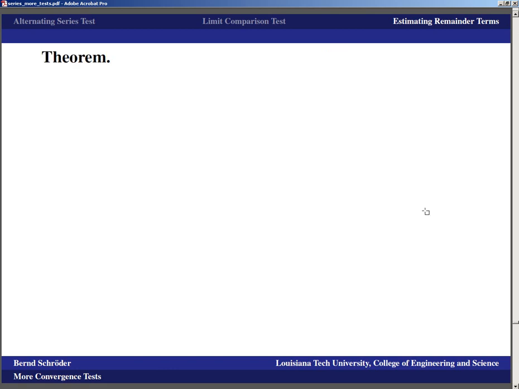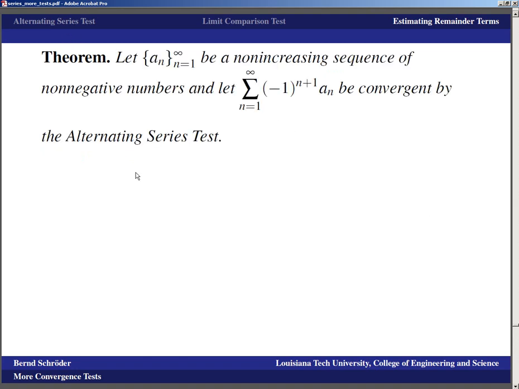That leaves us with one more way to estimate remainder terms, and that actually goes back to alternating series. Namely, if I have this a sub n be a non-increasing sequence of non-negative numbers, and let the series sum n equals 1 to infinity, negative 1 to the n plus 1 a sub n converge because of the alternating series test.